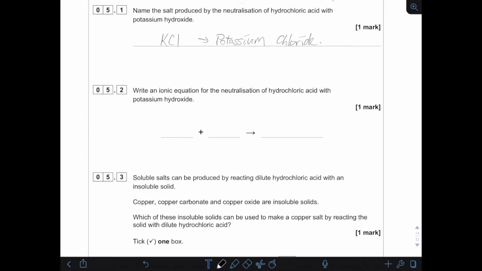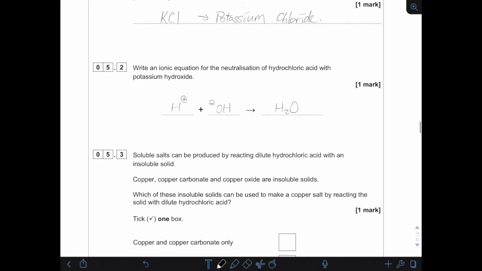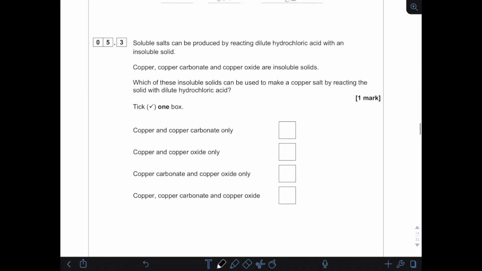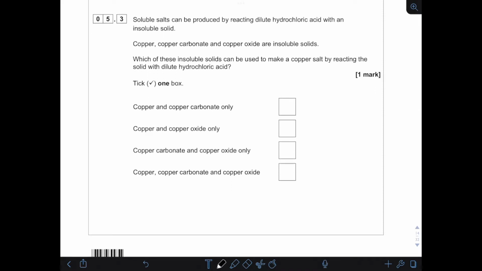So the neutralization is actually just proton plus OH minus goes to H2O, which is simple. Neutralization reactions aren't actually that interesting, but they're very useful, very important in organic synthesis.